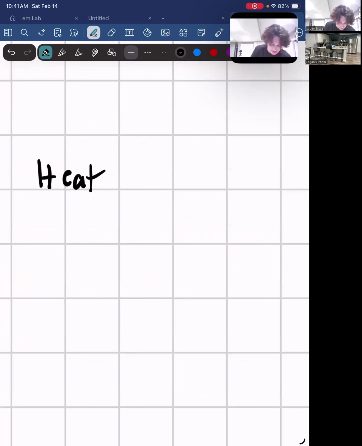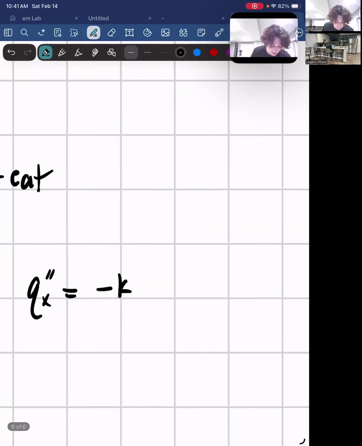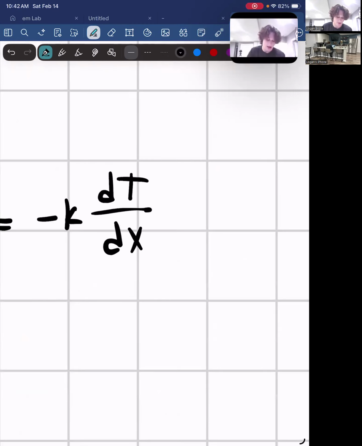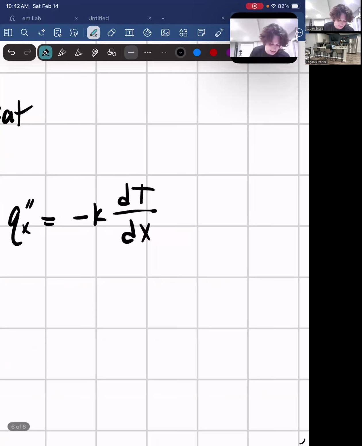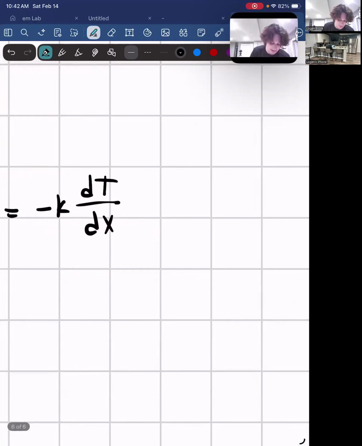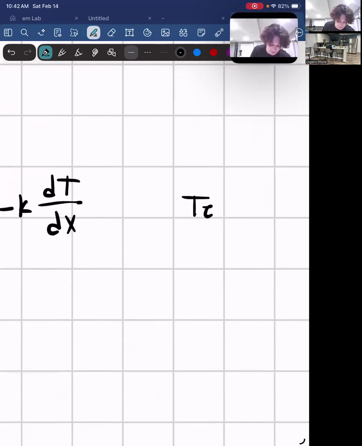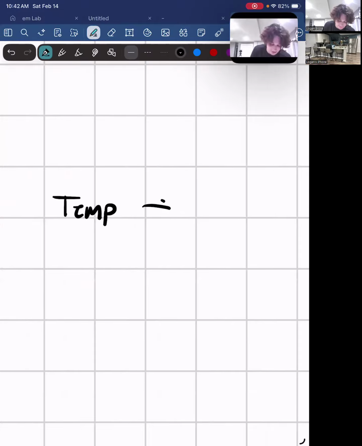So like I said before, it's the heat flux equals the negative thermal conductivity times the change in temperature over the change in position. Now we're trying to get to the energy gradient here. So the way you convert from temperature to energy is using the heat capacity.